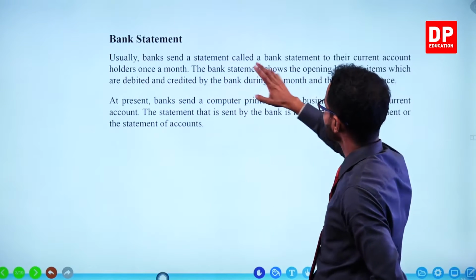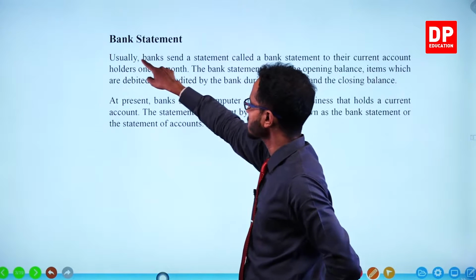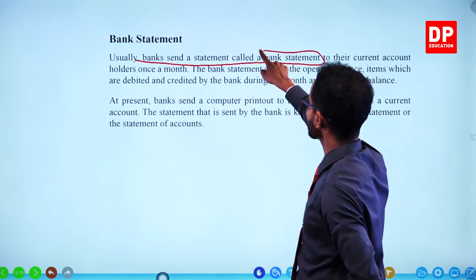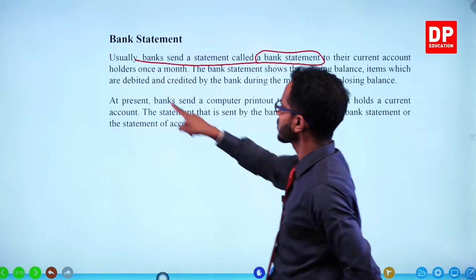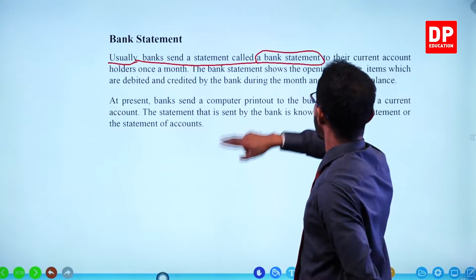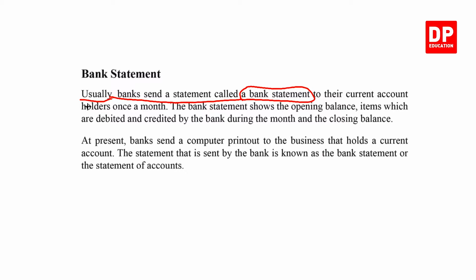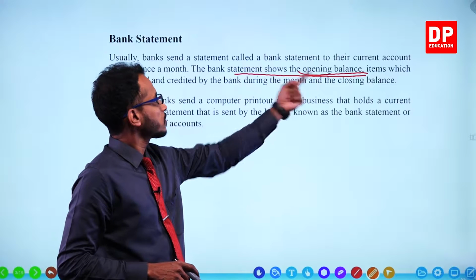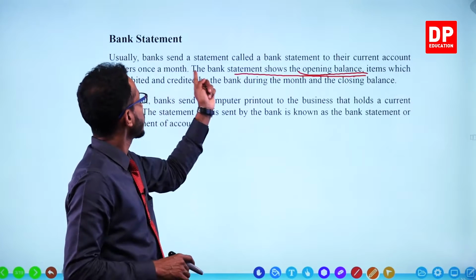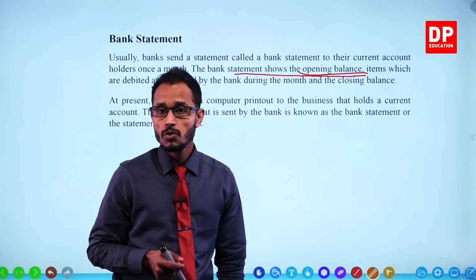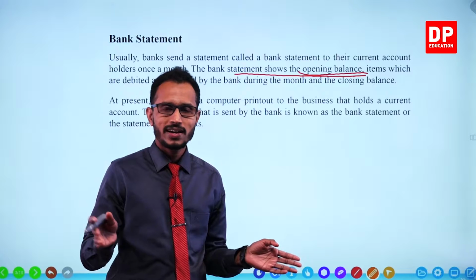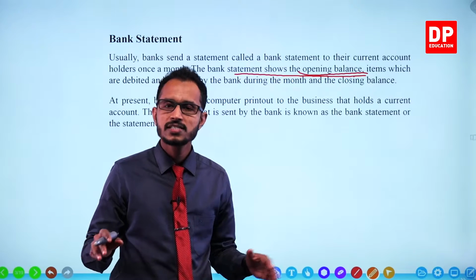Usually banks send a statement called a bank statement to their current account holders once a month. The bank statement shows the opening balance. This bank statement starts with the opening balance of your bank account, my bank account, whoever it is, the current account.